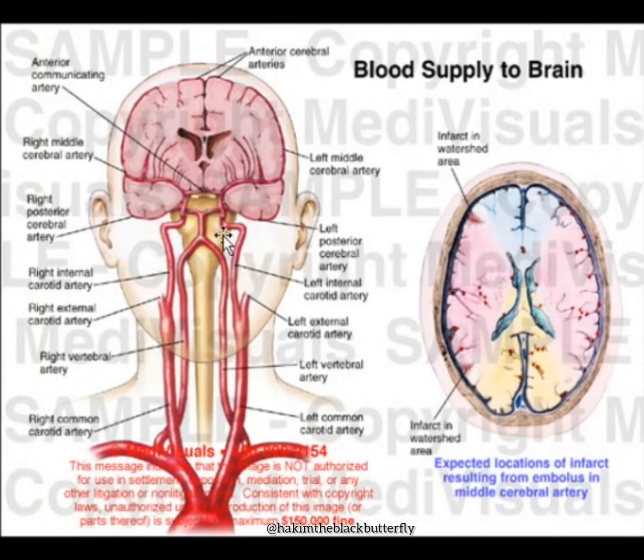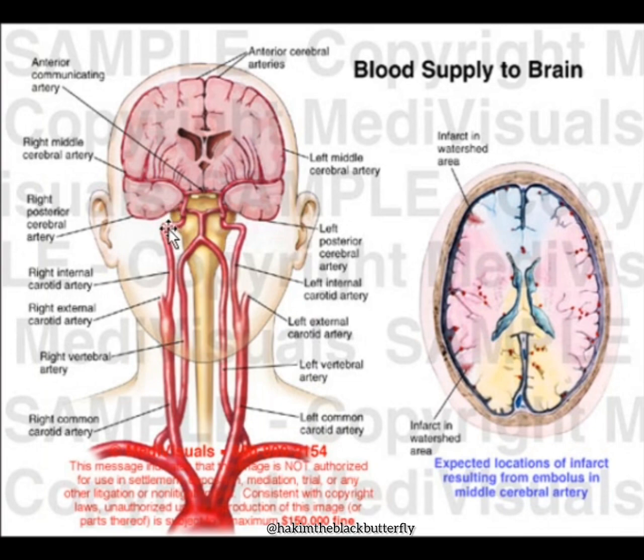So if you want to see these blood vessels and the branches they give off, you go to the inferior surface of the brain, where you're going to see the 2 internal carotids and the 2 vertebral arteries and their branches. So we have seen how blood moves from the arch of the aorta and enters the cranial cavity through the internal carotid arteries and then the vertebral arteries.